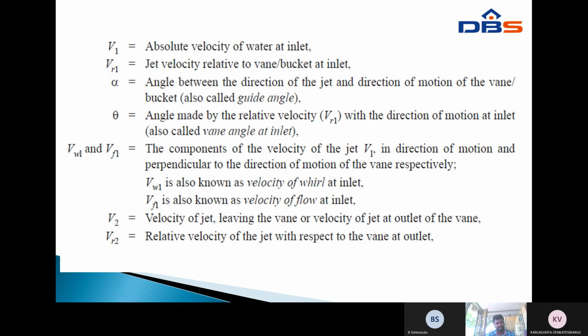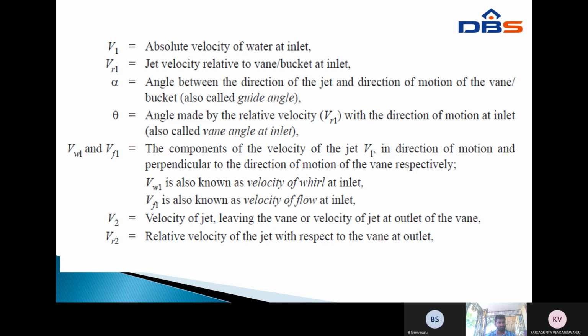V2 is the velocity of the jet leaving the vane. VR2 is the relative velocity of the jet with respect to the vane at outlet. Okay, in this diagram, V1 or VR1, VW1 and VF1, these terms are the inlet triangle.